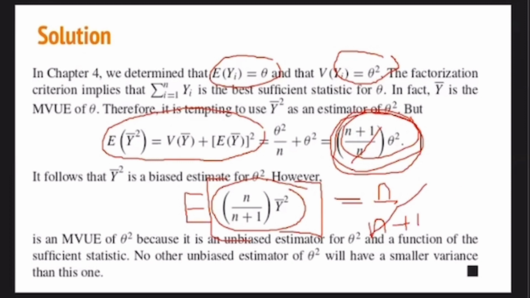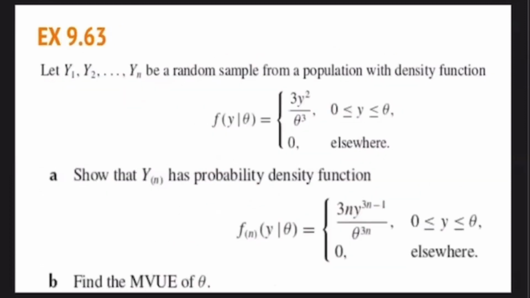I think I put some problems here. I think my time is up. But if you're given this, how do you show that the maximum order statistic is that? You remember the formula I gave you before for the maximum order statistic, because you need to first figure that out.